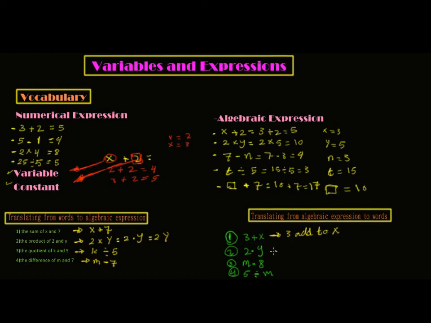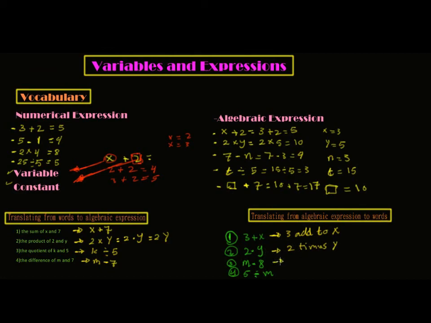Both of them are right. Here we have a multiplication, 2 dot y, I could write it as 2 times y, or the product of 2 and y together.